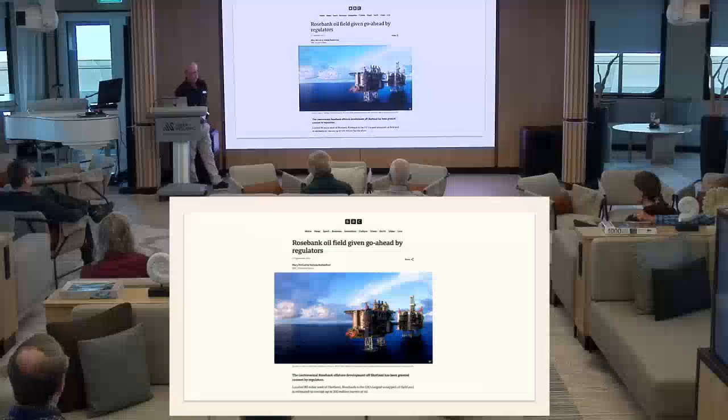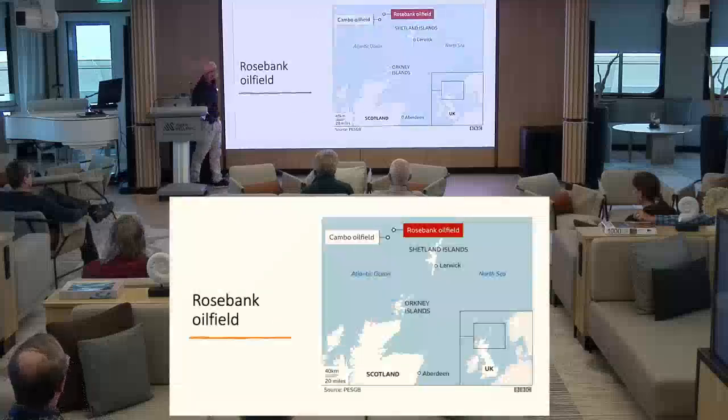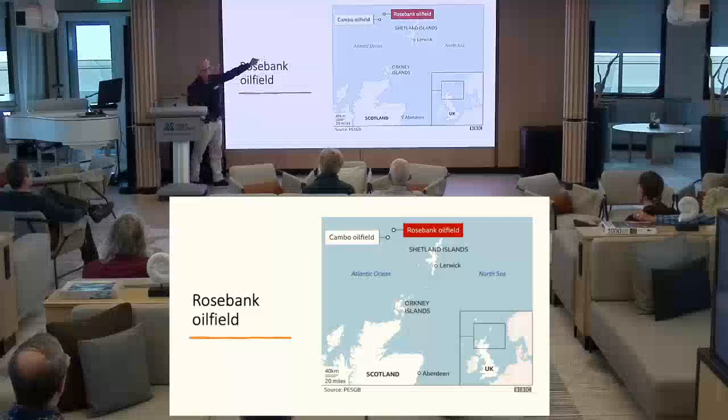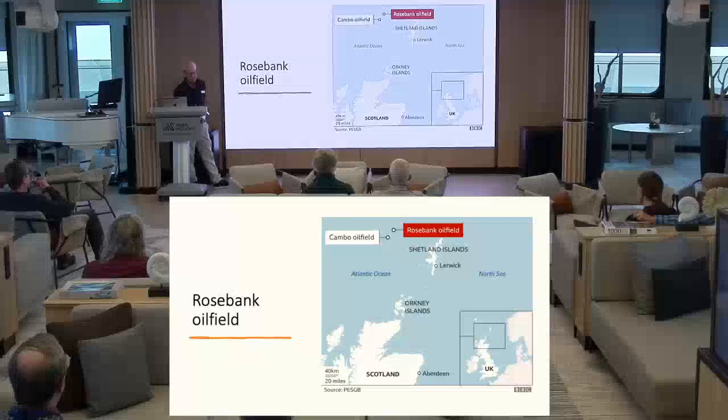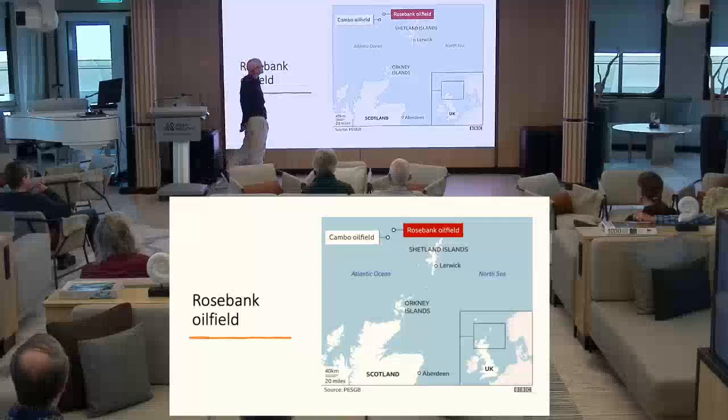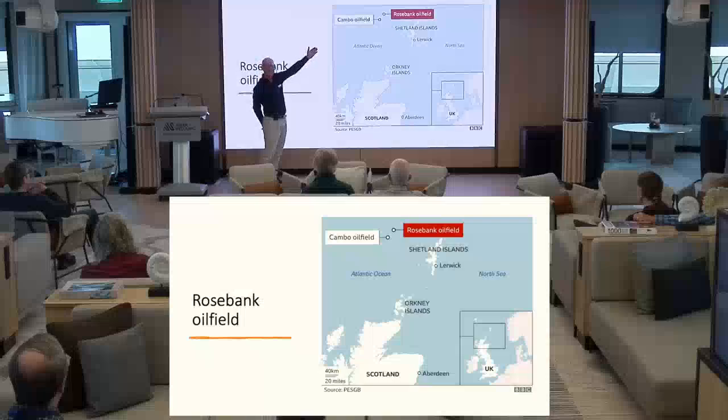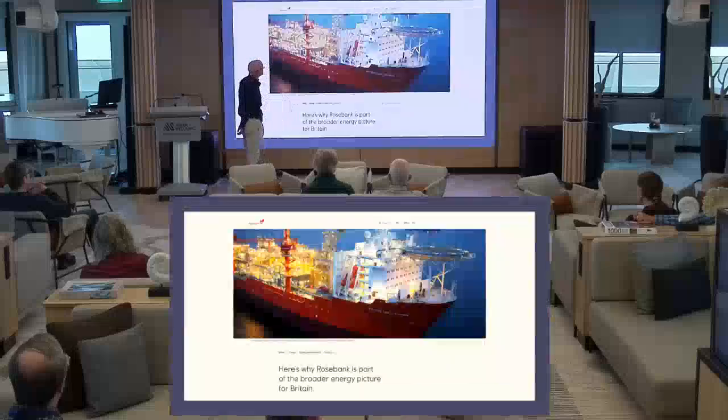Rosebank is projected to be 500 million barrels of oil over its lifetime, almost triple the size of the controversial Cambo oil field that was recently mothballed because of political problems. So it is a contentious issue, not least, of course, because Shetland may or may not derive some benefit from it.